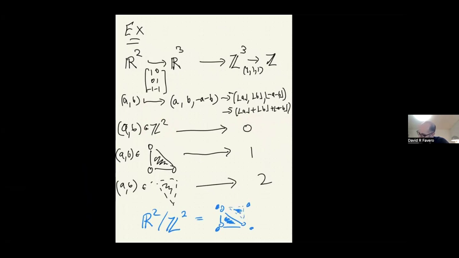And so on this torus, if (a, b) is in this region, I actually get 1. You could check that. And if (a, b) is in this region up here, I get 2. So the image of this map is actually just the set {0, 1, 2}. I don't hit all of Z.